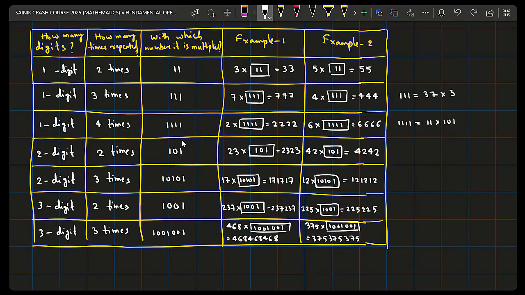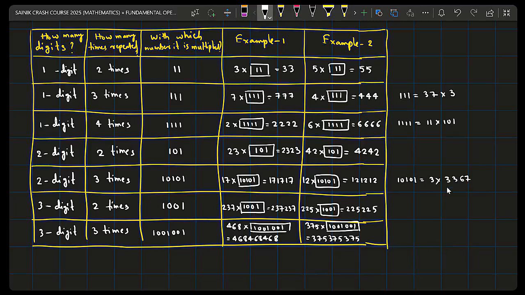10,101. Yes, it is divisible by 3. 10,101, so I can write 3 multiplied by 3 threes are 9, 11, 3 threes are 9, 20, 3 sixes are 18, 3 sevens are 21. So we got 3367.